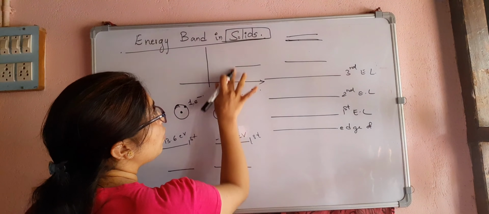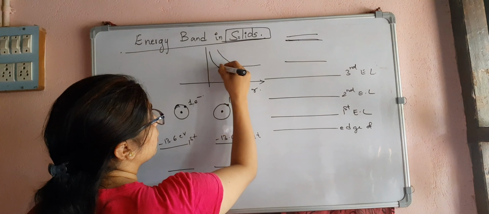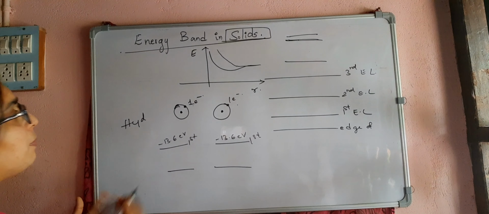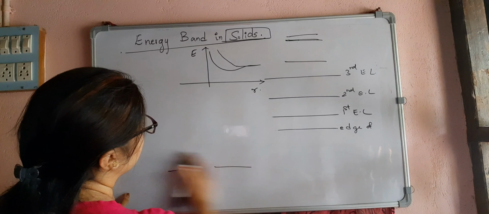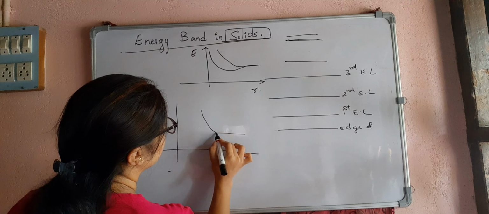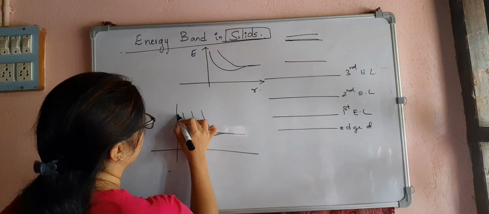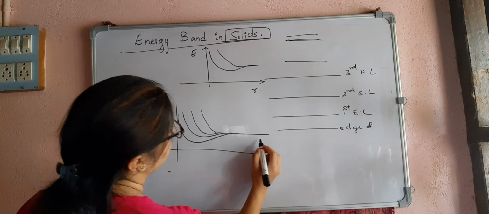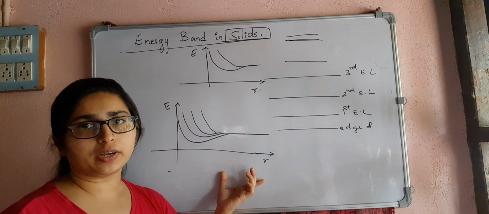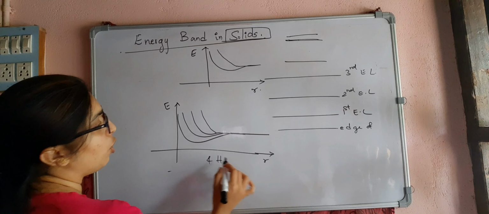So when two hydrogen atoms are brought together, it will be like this. This is your energy. Suppose I am bringing 4 hydrogen atoms together, then this is your energy and this is the interatomic distance between the atoms. So this is when 4 hydrogen atoms are brought together.